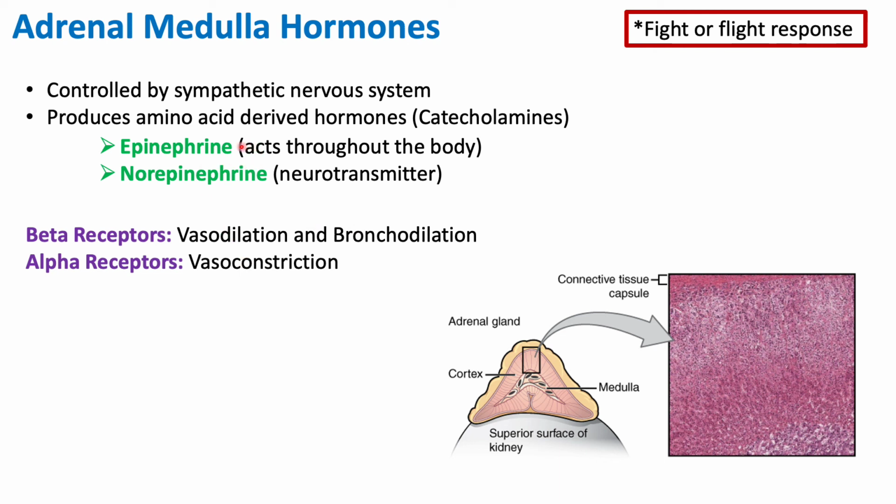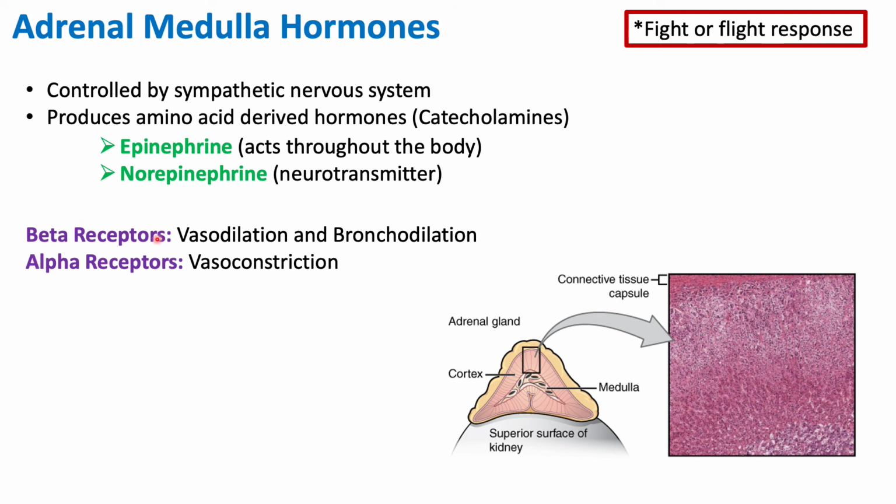And that makes sense because our amino acid hormones are epinephrine and norepinephrine, which are involved in our fight or flight response. Now, the key difference between these two is norepinephrine is involved in neurotransmission, whereas epinephrine can act throughout the body anywhere else. Now, when these two amino acid derived hormones are produced, they can bind to specific types of receptors, causing a different response.